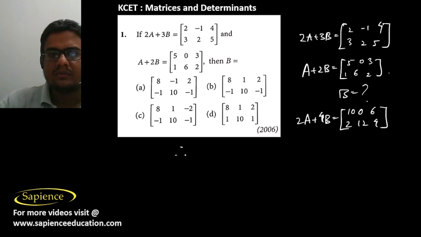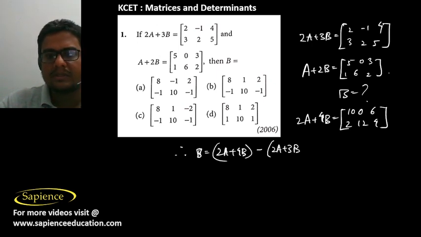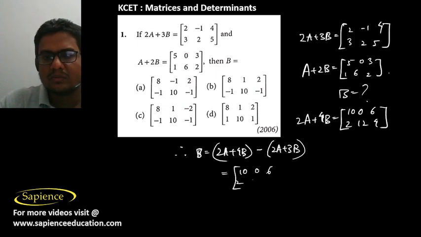So now the matrix B we can find like this: 2A plus 4B minus of 2A plus 3B. Then 2A will cancel and 4B minus 3B will give us B. So this will be [10 0 6; 2 12 4] minus [2 -1 4; 3 2 5].